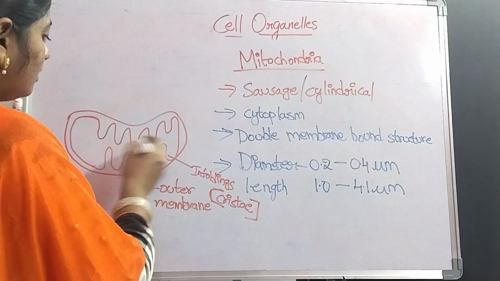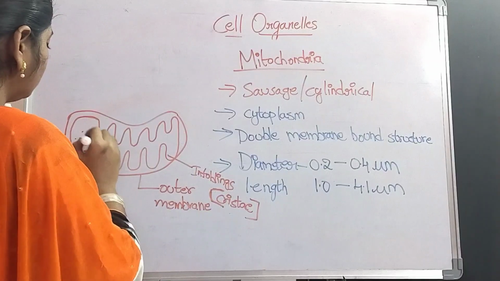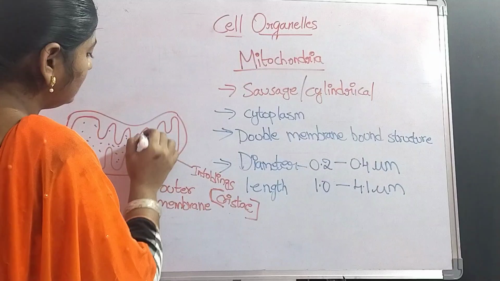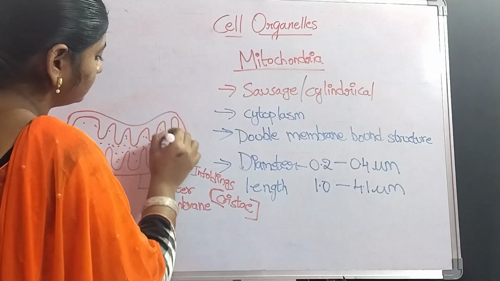Inside the inner membrane, a fluid-like substance is present which completely fills it, and this is called the matrix. And what is present inside the matrix?